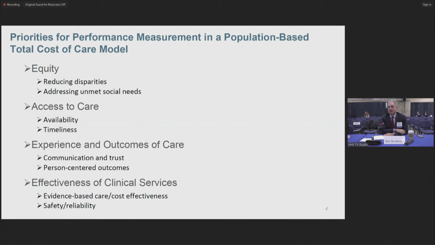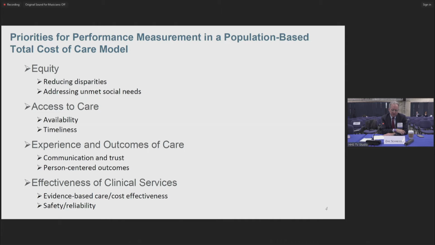And I've been persuaded by the data and the comparisons that I've been involved in that reducing disparities and addressing unmet social needs are really vital if we want to see progress. And a total cost of care model, whether it's to an insurer or to an ACO or to another organization that's bearing that risk, really should be very laser focused on those objectives.